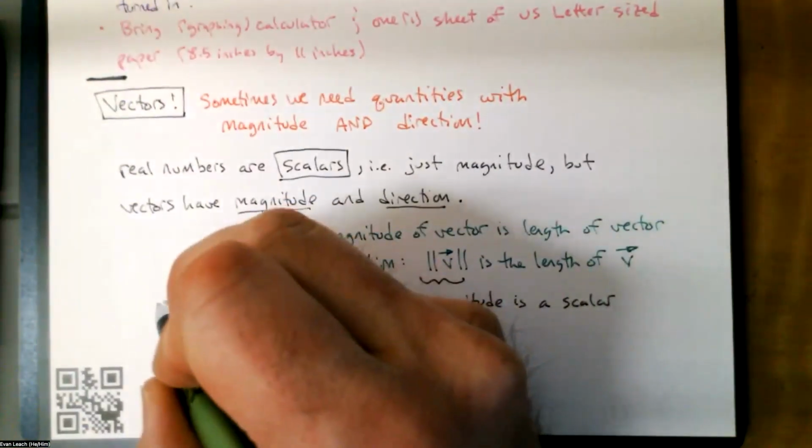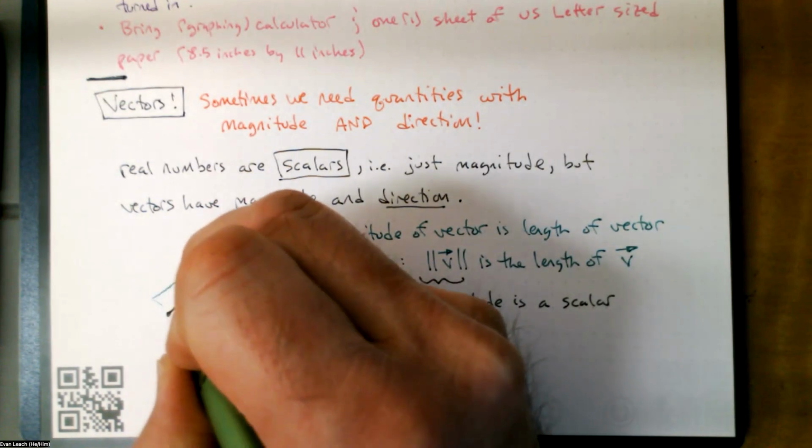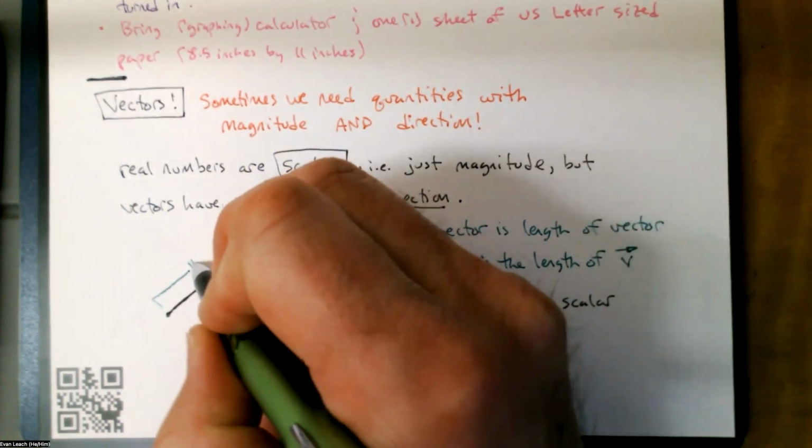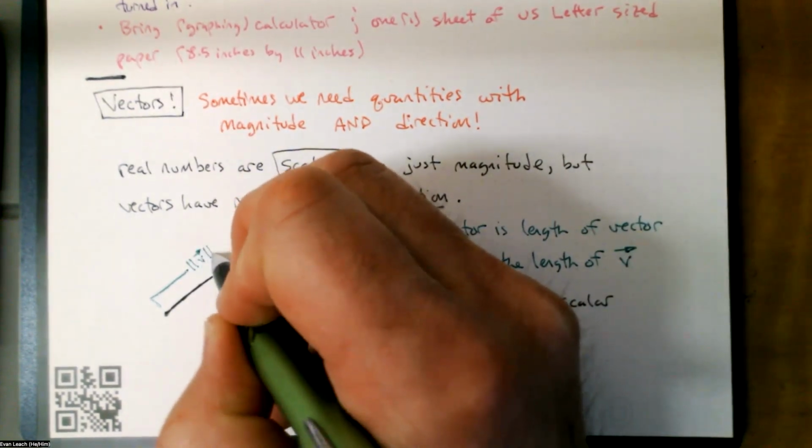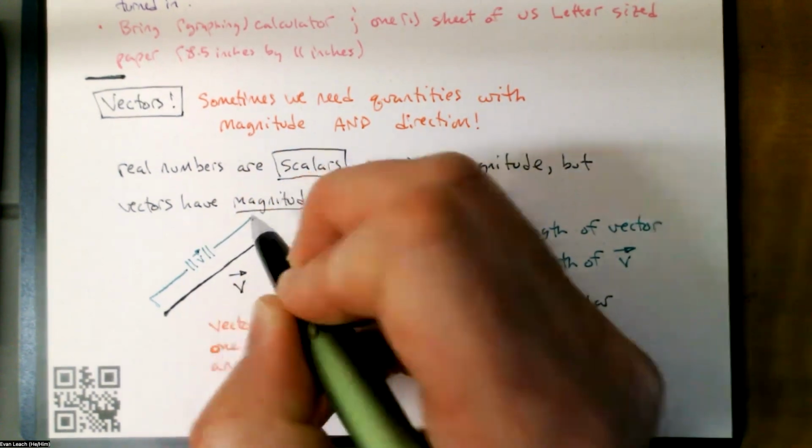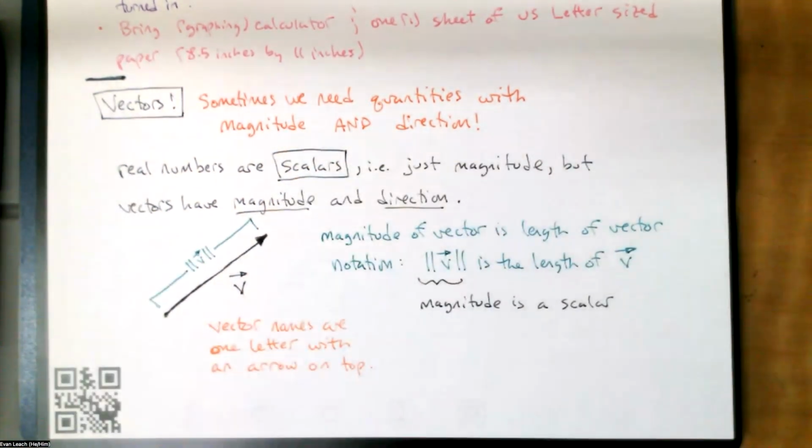So the length of this vector is just a number, that's the magnitude of the vector. The vector itself has this magnitude and it is at this direction.